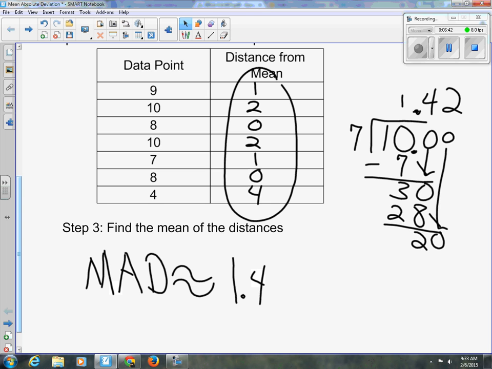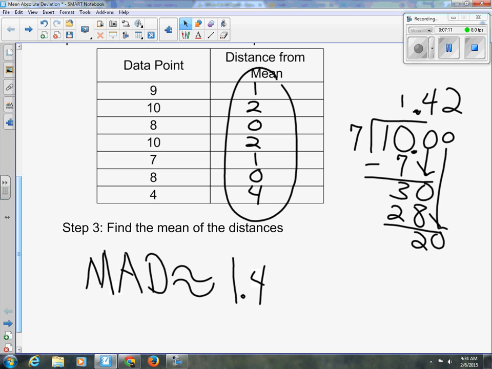Now, what does this number tell us? Let's think about that. The mean absolute deviation is a measure of how far apart the scores are. The bigger the mean absolute deviation is, that means we're going to have a bigger range of scores in the test.